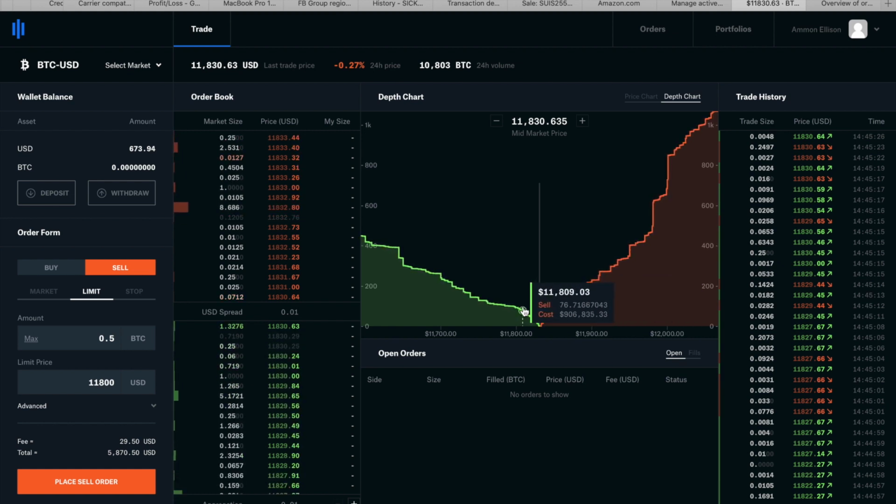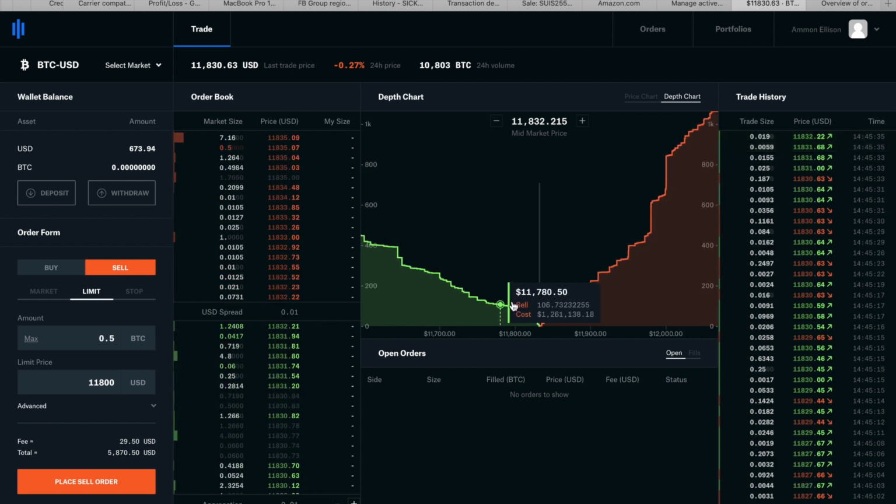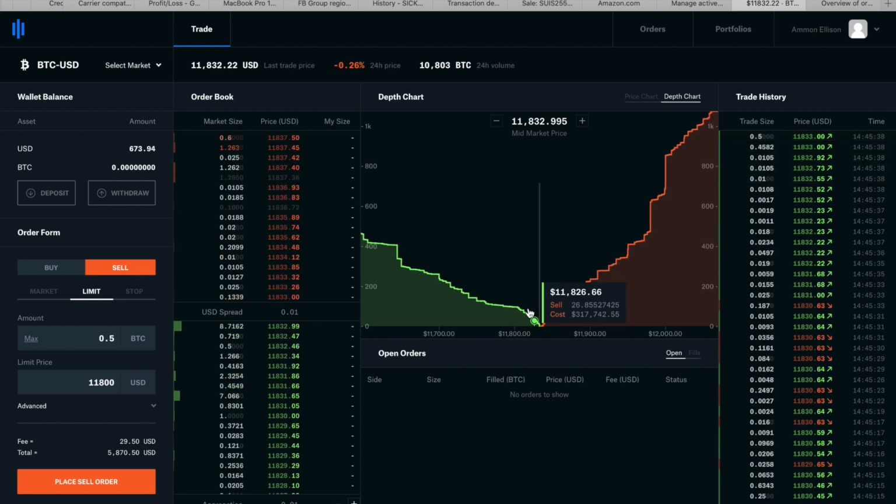So the importance of limit orders, or even laddering or layering your orders with multiple limit orders, would be beneficial when you're trying to buy. And then same thing on the sell side, you just flip it.